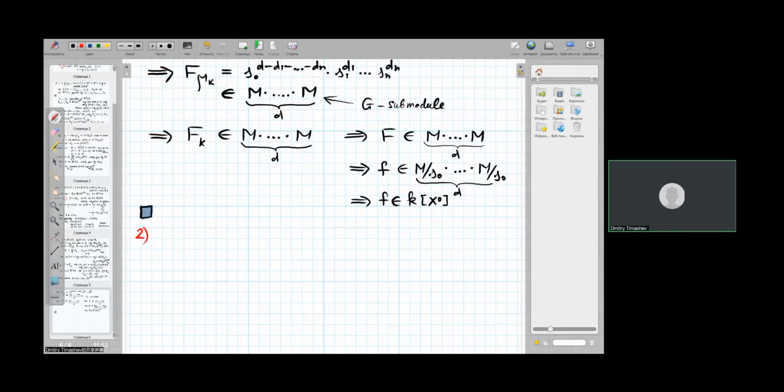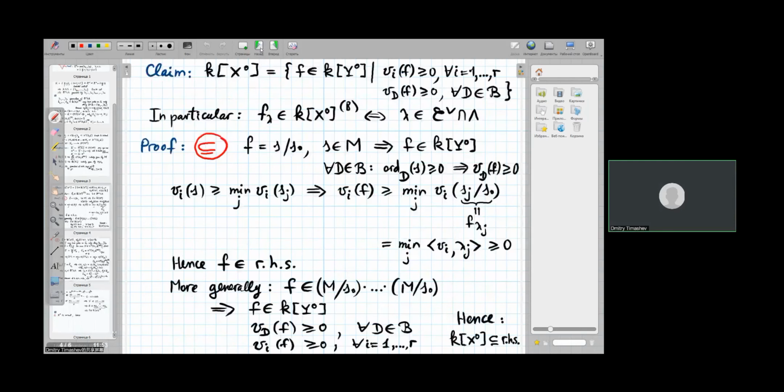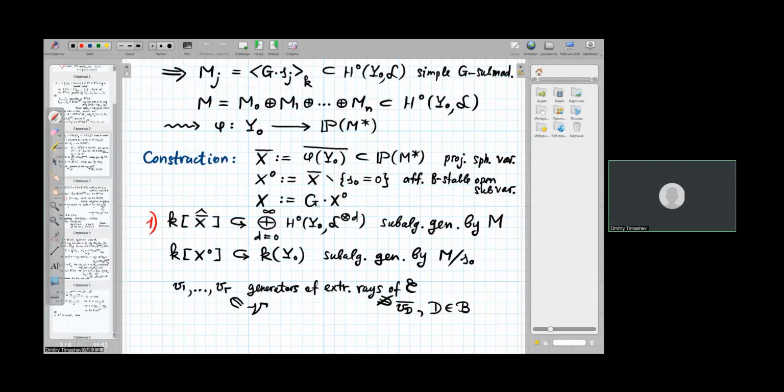Now I see that I will not be able to finish the proof today, but I will make some more steps. So an important consequence is that this X upper naught is normal. And hence the variety X, which is just the G span of X naught, is also normal.